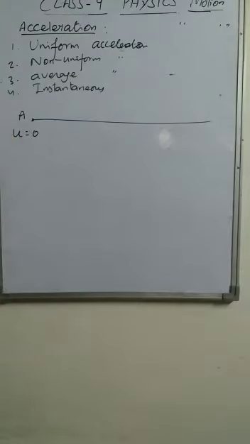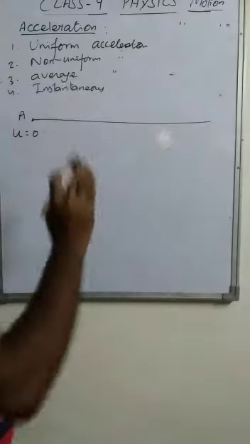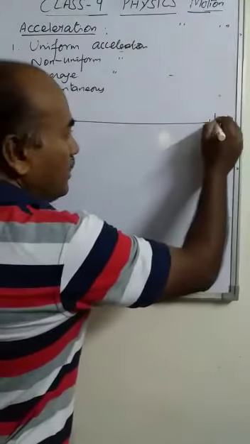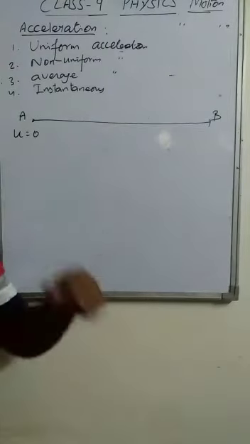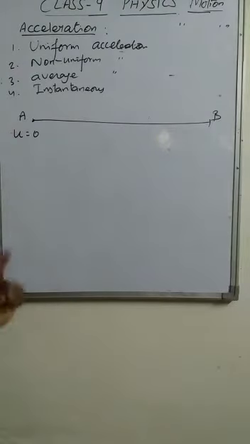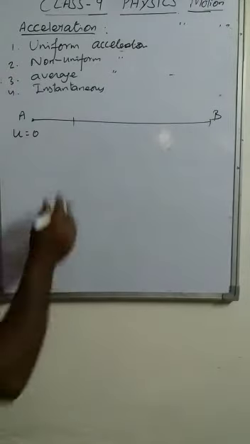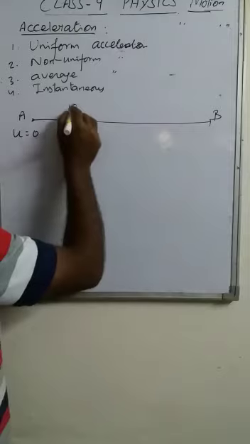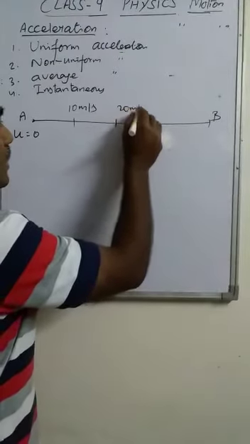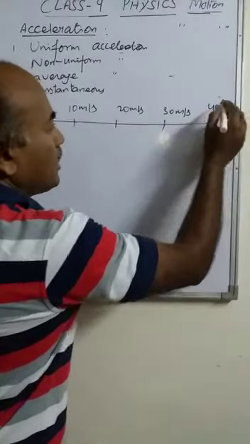That means the vehicle is at rest and it is going to travel along the straight line up to point B. While it is traveling, definitely its velocity has to increase, because it starts at rest and its velocity continuously increases. If we find the velocity of that object as it moves, in the beginning it comes to 10 meter per second, then 20 meter per second, 30 meter per second, like this it is changing. Now it is 40 meter per second.